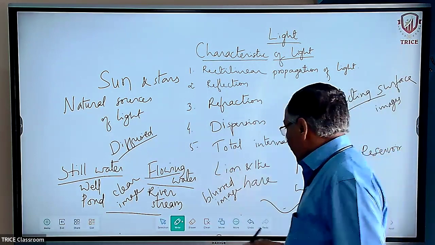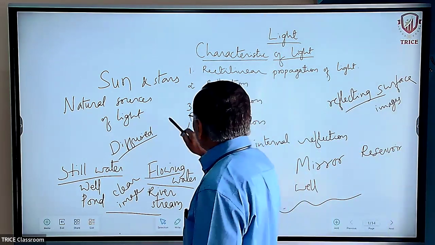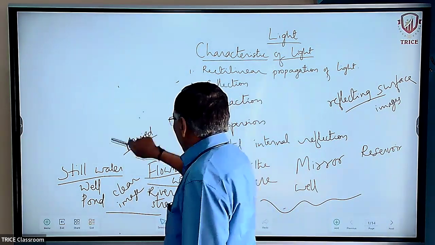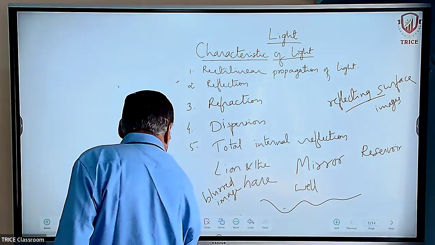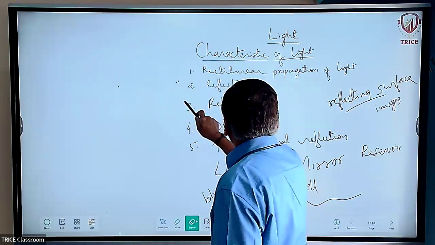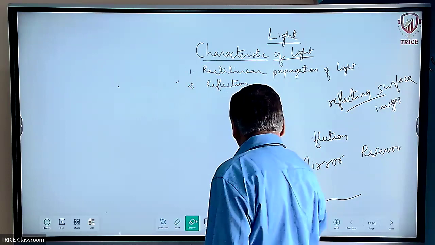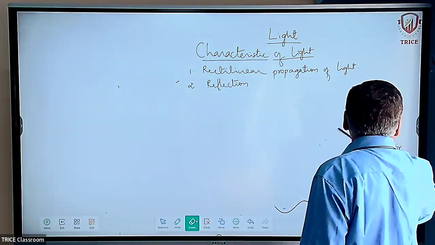Is it not? So the image that you get in still water or standing water, we call a regular reflection. And the image that we get in flowing water is called an irregular reflection.